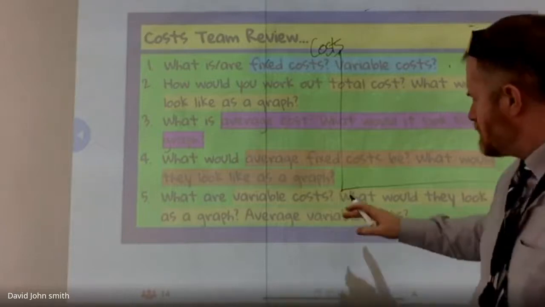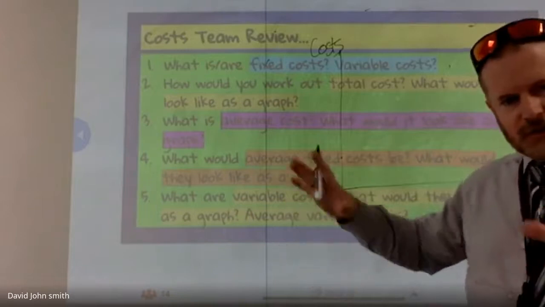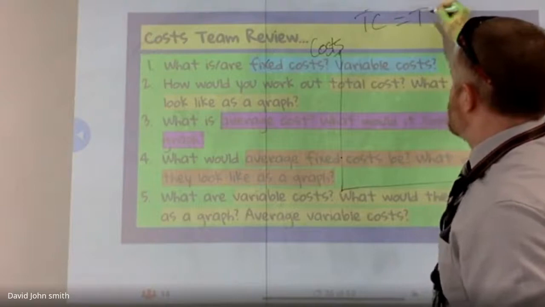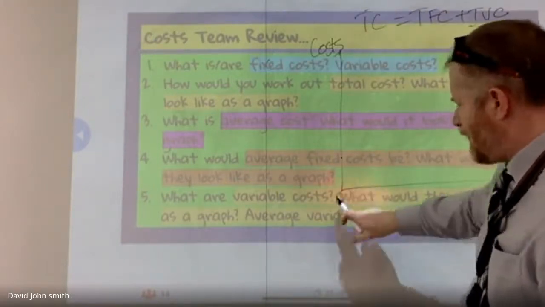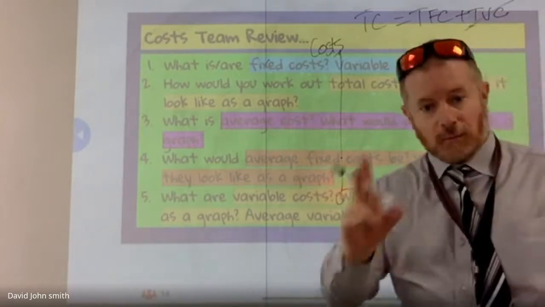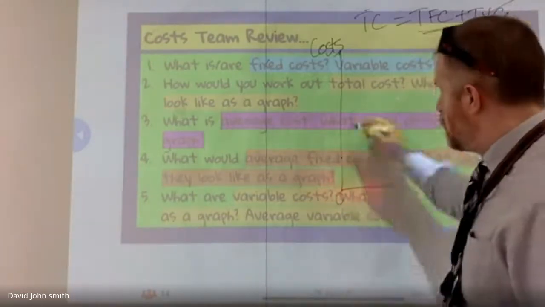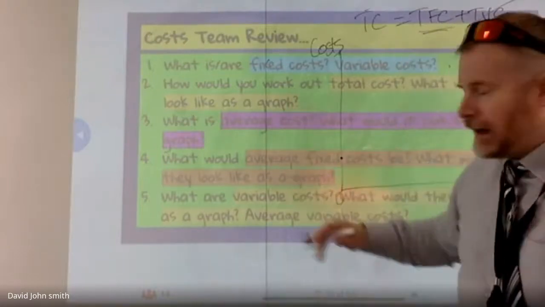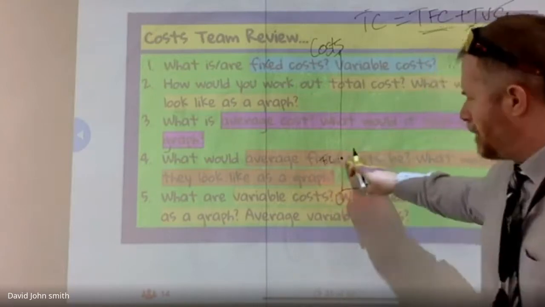Now, you've got a certain amount here that you have to pay because you've got fixed costs. So total cost equals total fixed costs plus total variable cost. So when you're producing nothing, you have no variable costs, but you do have fixed costs. So therefore, total cost is going to start from here, and this here is going to be your total fixed costs.